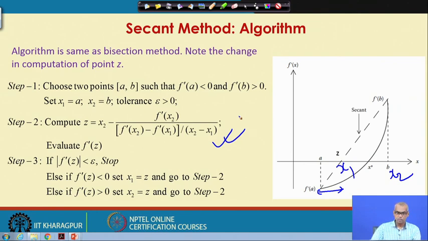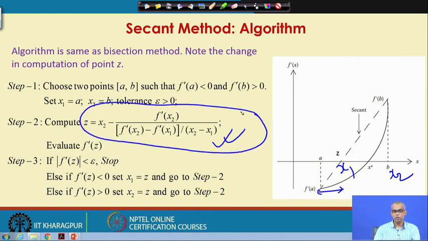So, this way we can solve a problem using the second method. Note that this is exactly the same as the bisection method, except the computation of z, otherwise the algorithm is the same.